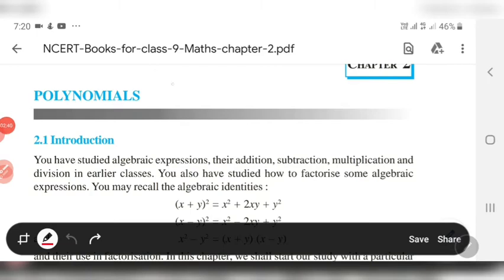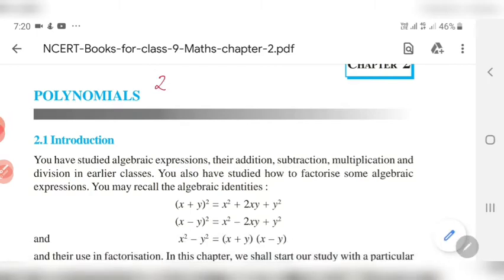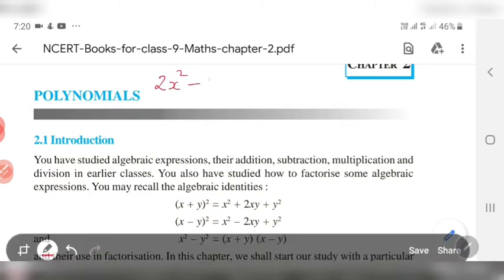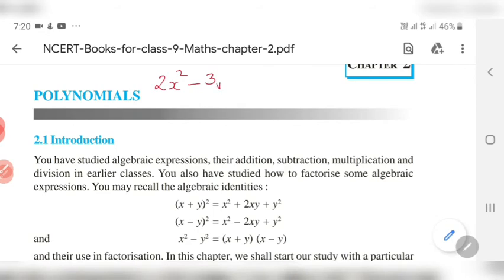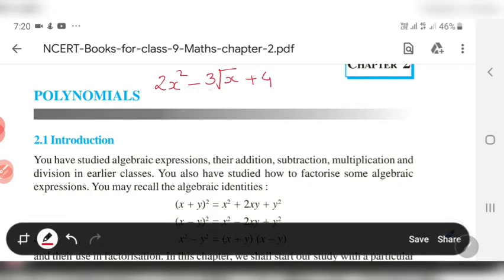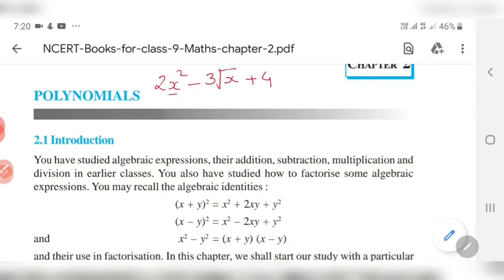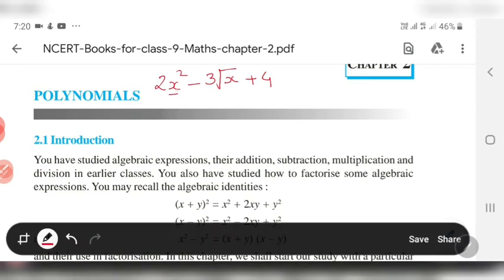So one more example we can see here, that is 2x square minus 3 root x plus 4. Can you tell that it is a polynomial? Check nicely. Which one you have to check to be a polynomial? You have to check the variables. So here you see x is the variable, and what is the exponent of x?